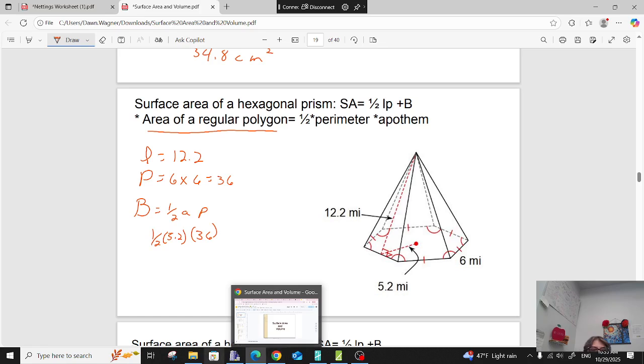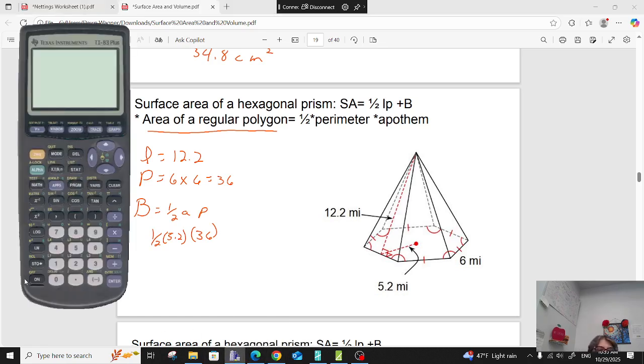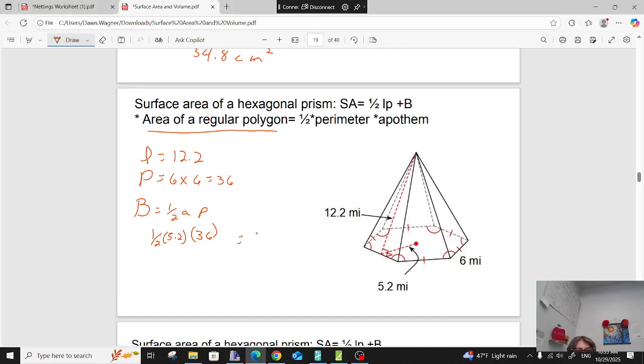So I use my handy dandy calculator to find the area of the base. 0.5 times 5.2 times 36 is 93.6. So now I have all the variables that go into the formula.